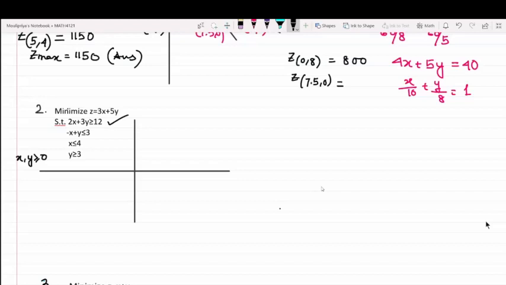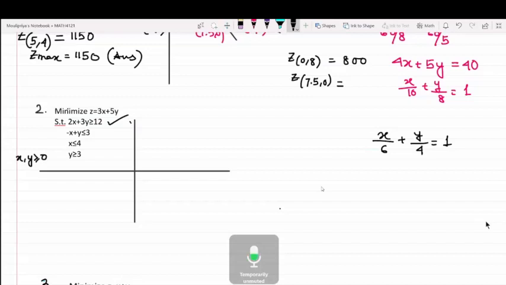Corresponding to this one, if I try to draw the corresponding equation, you have x by 6 plus y by 4 equal to 1, right? So have x by minus 3, y by 3.